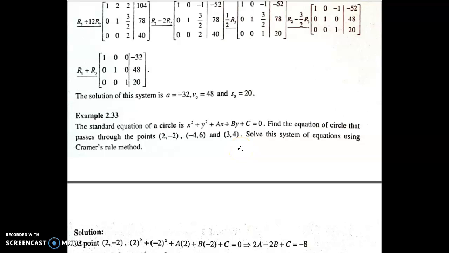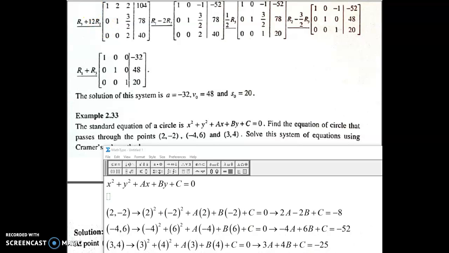Okay, so basically we are just going to input each of these x and y values into this equation, and because we have 3 points, it is expected for us to have 3 equations. Okay, so let us do that.